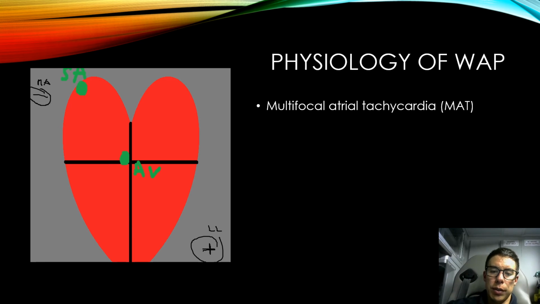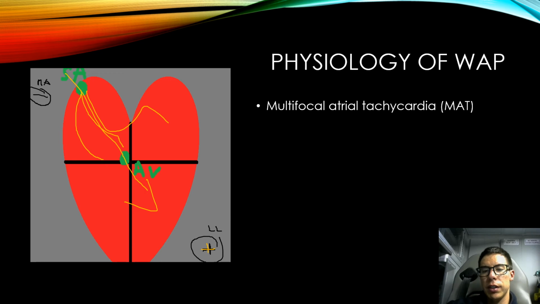So when the electricity goes through the atria and the internodal pathways like this, the vector is that way. So it's going at this positive electrode. Therefore, that's why it creates a positive P wave like this.